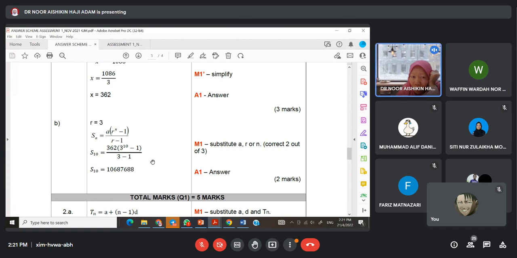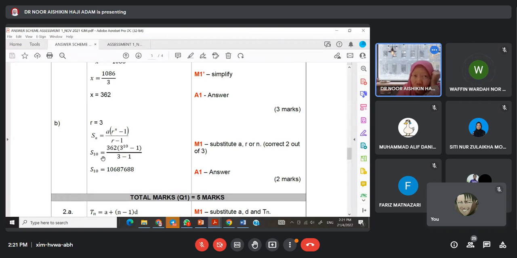Tapi saya buat 10. You buat 10 kat mana? Dekat yang bila dah masukkan semua tu. 10 is N. You guna dia sebagai apa? Tertukar dengan N dia. N saya buat 3, R saya buat 10.